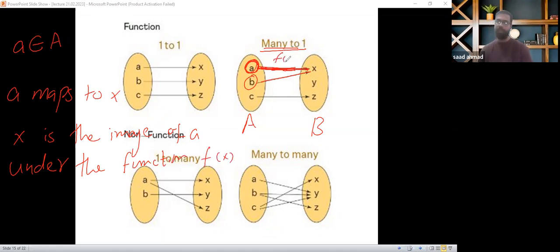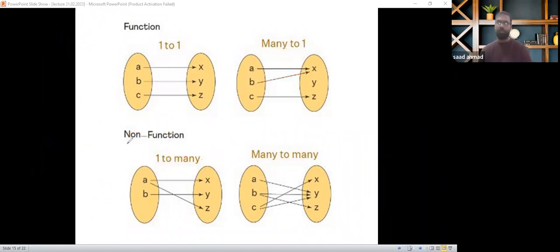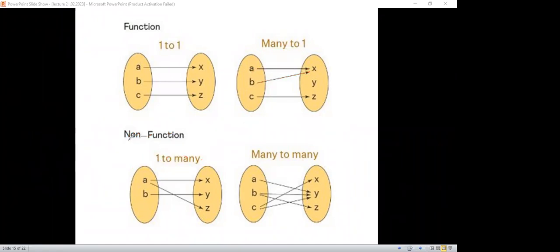Let's say this is a function f of x that we have here. So we can say X is the image of A, or we can say A maps to X. That's what we use these words for. Belongs to means that they are members of that set.